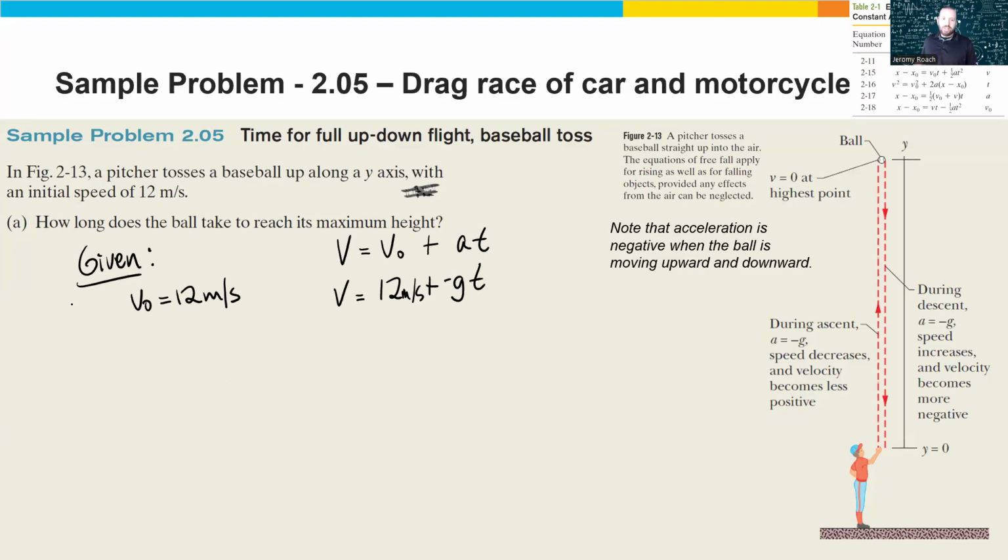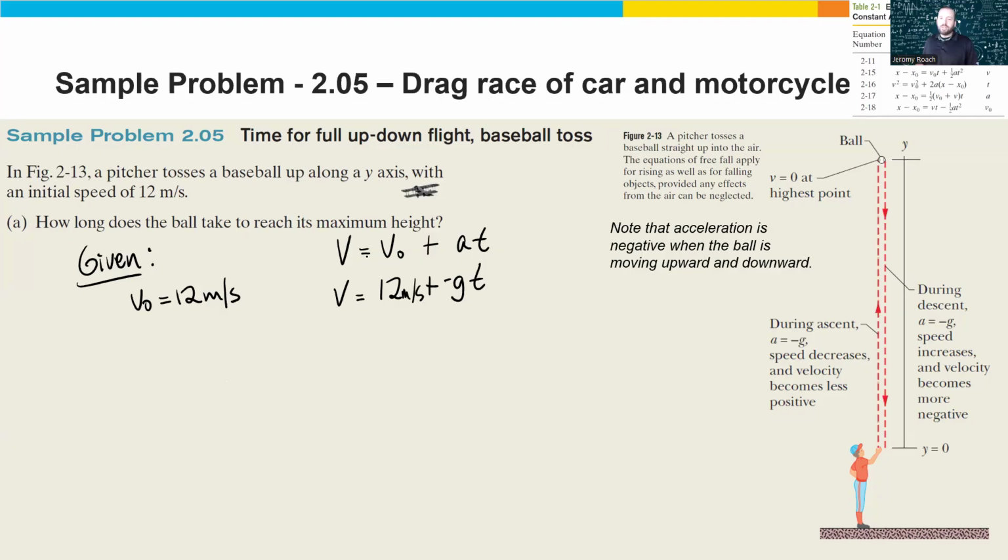So we have this given information. The initial velocity is 12 meters per second, and we can use our equations of motion to figure out these different values. This says how long does it take, so that means we want to find the time, until it gets to the maximum height.